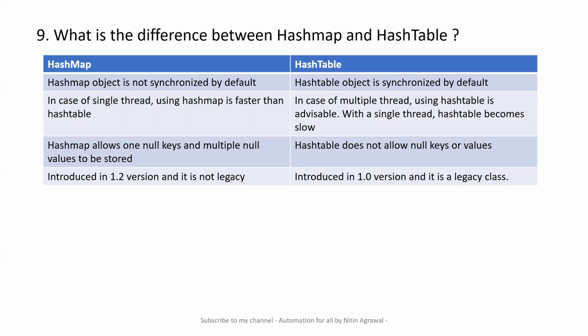In case of multiple threads, using HashTable is advisable. With single thread, HashTable becomes slow. Hashmap allows one null key and multiple null values to be stored. HashTable does not allow null keys or null values. Hashmap was introduced in 1.2 version of Java, and it is not a legacy class. HashTable was introduced in Java version 1.0, and it is a legacy class.